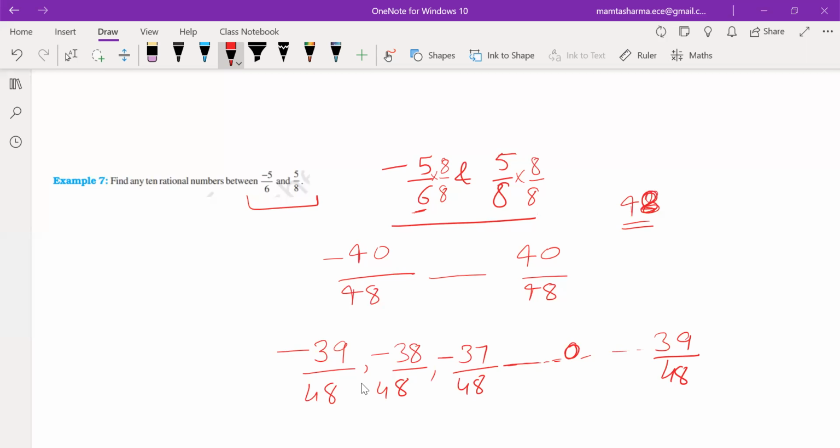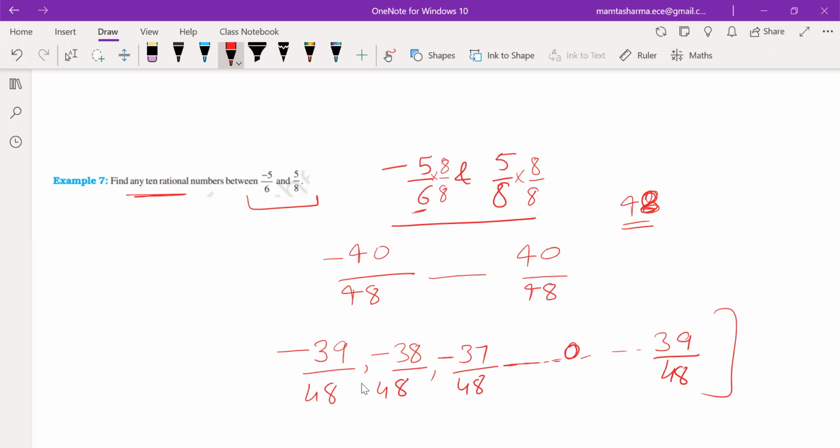Now how many numbers? From minus 40 to 30 we can write 70 numbers. Since we have to write any 10 rational numbers, you can pick any 10 numbers of your choice and write the answer.